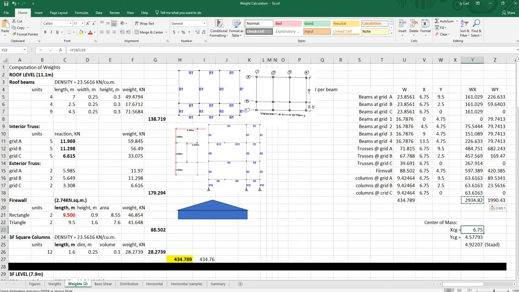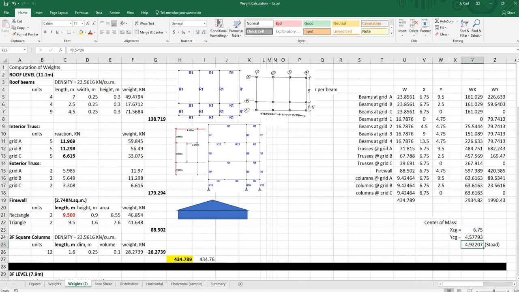So, for x sub g, that is the summation W sub x divided by summation weight para maiwan yung x-coordinate ng total weight. So, that is 6.75. And then, yung y-coordinate ng center of mass or center of gravity, that is equal to the summation of W sub y divided by the total weight.